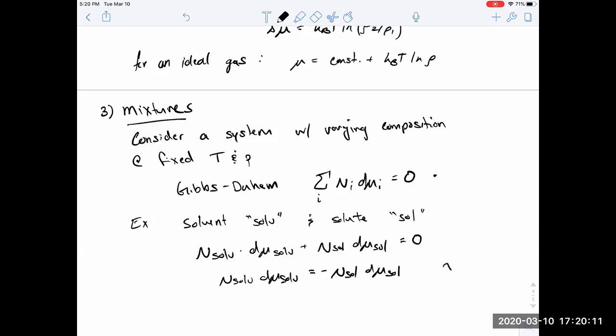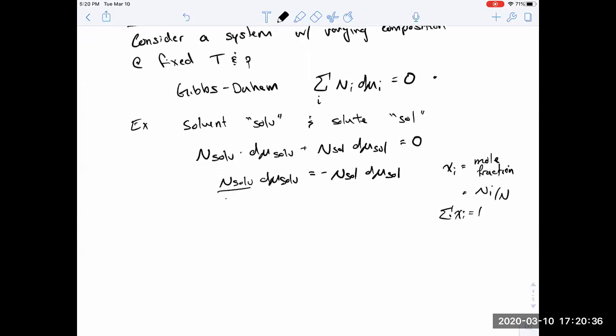If we define a mole fraction as the number of some component over the total, where the sum of all the fractions must be equal to 1.